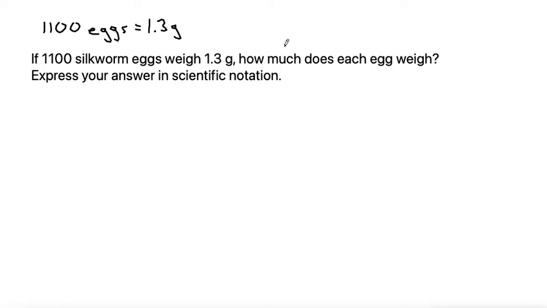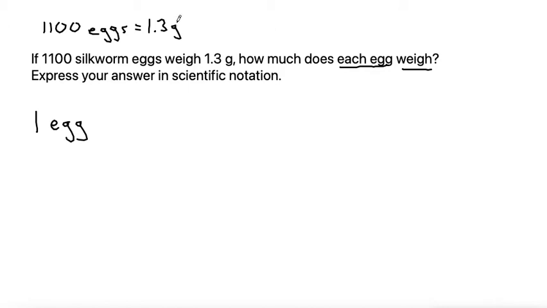So when it says, how much does each egg weigh? The question is asking about one egg. That each egg means it's asking about something about one egg. And when it says how much does it weigh, it's basically in this problem asking us for how many grams is it.